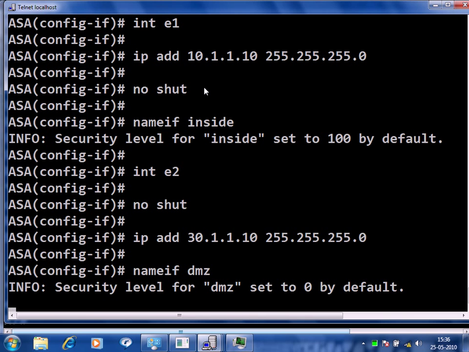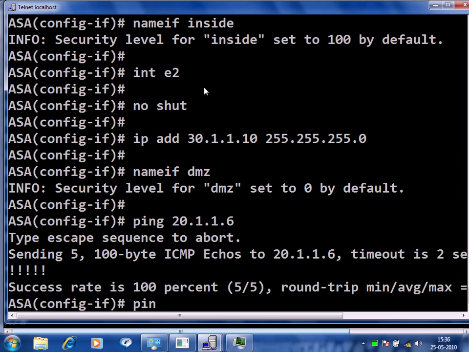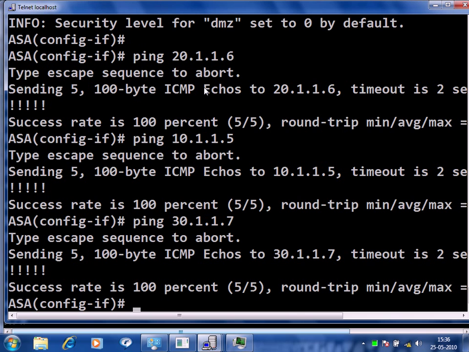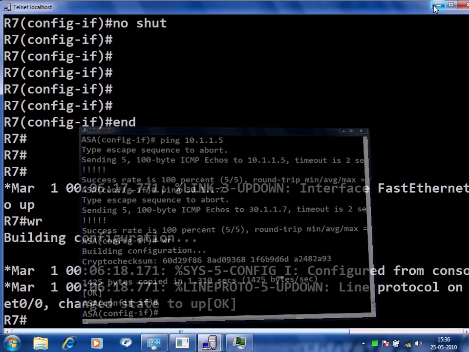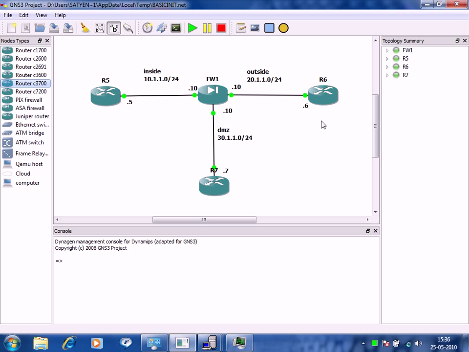Now ping all three directly connected: 20.1.1.6, 10.1.1.5 and 30.1.1.7. You should have reachability to the directly connected networks. Now, without any additional configuration, R5 to R7 or R5 to R6 traffic should be flowing without any restrictions, and the return traffic can come back.